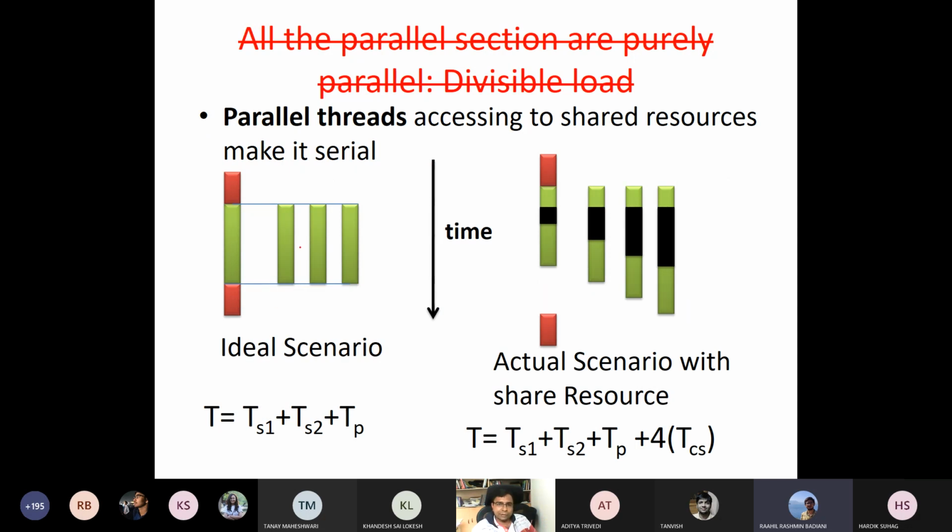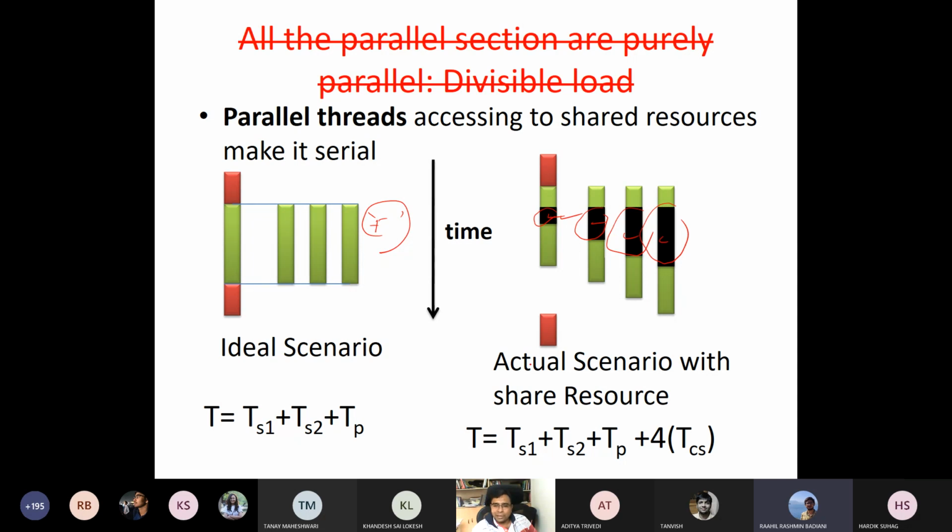So this is parallel threads accessing a shared resource. Suppose in these parallel sections one particular variable or one file, say file A, is shared, and every thread wants to write to that file. It is supposed to be done in parallel, but everyone will execute serially. The blue-colored one is actually waiting for its turn and then executing. It was supposed to be only a small blue part, but they take more time.